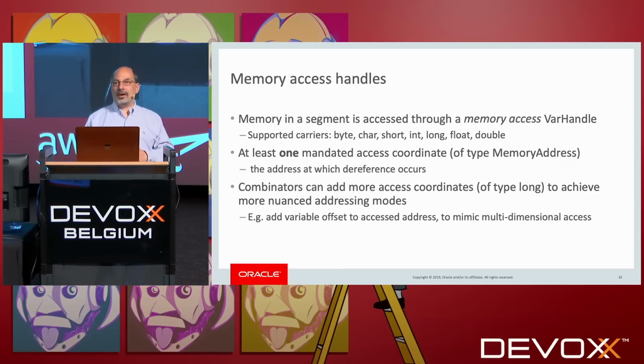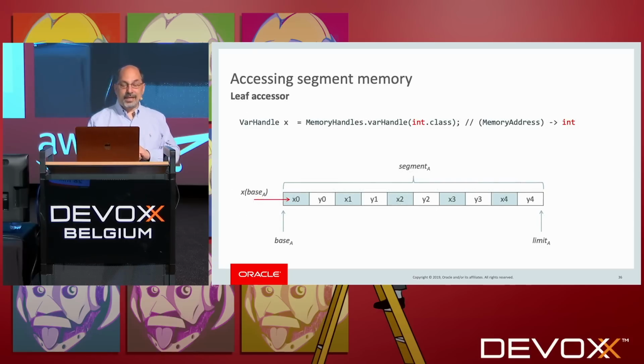And then we have API for taking one of these things and deriving another var handle at a different offset, or striding through an array so we can mimic array access. So let's take that same example where we had an array of point structs. We had 5 points.